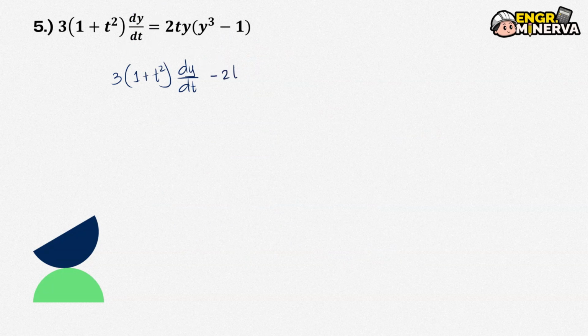So this is minus 2ty, y cubed minus 1. Let's distribute this first. So 3, 1 plus t squared. Okay, we distribute, that would be 2ty to the fourth plus 2ty equals 0.